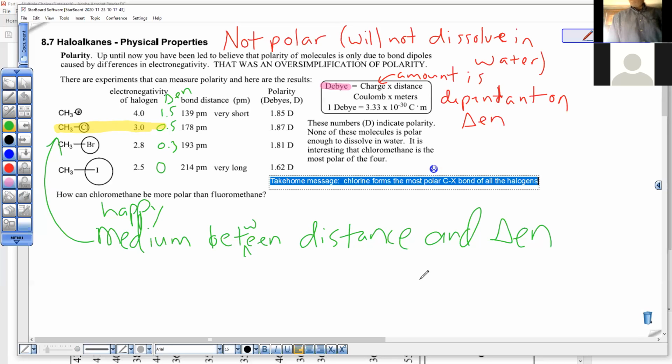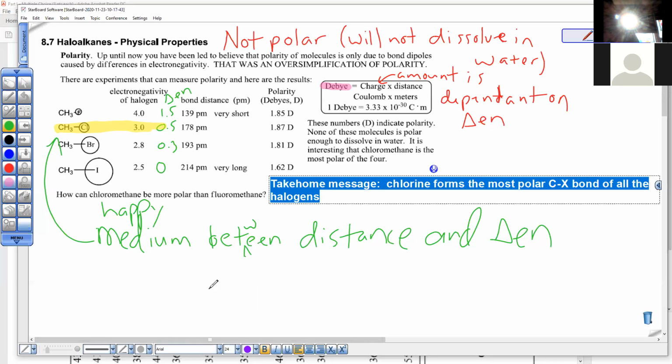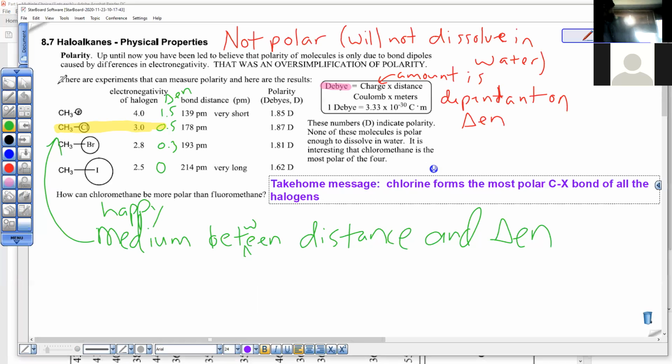Don't overread that. It doesn't say it's polar enough to make the molecule polar, but of the 4 halogens, chlorine's getting you the most polar.